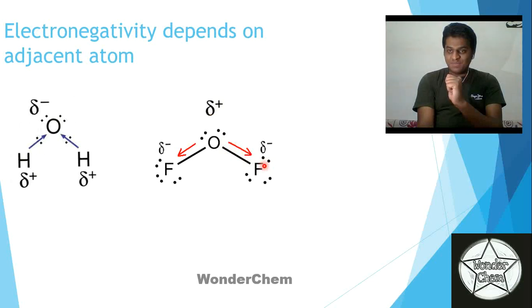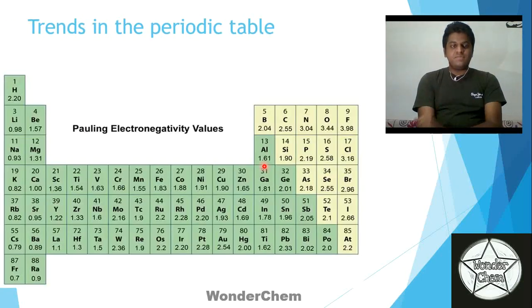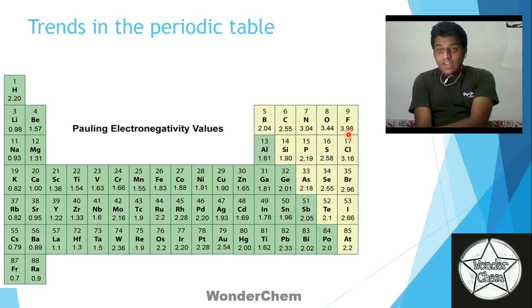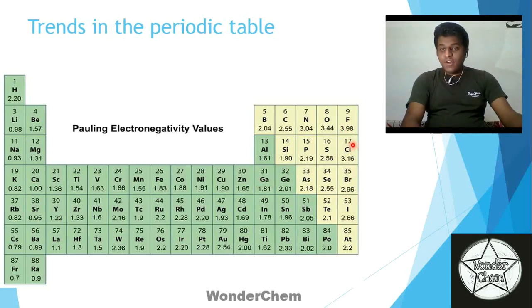Then, the trends in the periodic table. As I was mentioning about the Pauling electronegativity values, you can see them. Fluorine has the highest value, that is 3.98, then chlorine, bromine and iodine. By this, I hope you can understand that down the group, electronegativity decreases because of the increase in atomic size.